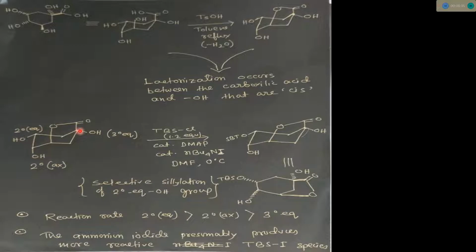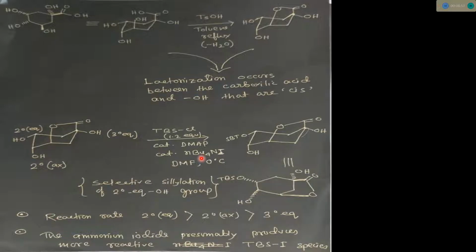This is equatorial, but since there is already so much crowding present, when this O becomes OTBS, severe steric crowding and steric repulsion will be there. That's why the reaction rate of this TBS protection step is first for 2 degree equatorial, then 2 degree axial, then 3 degree equatorial.